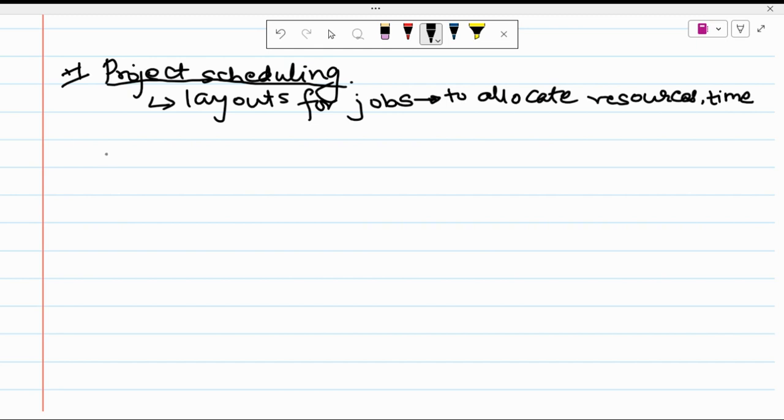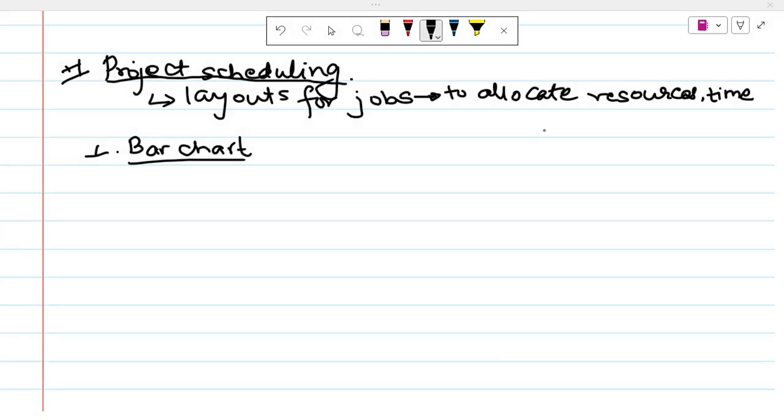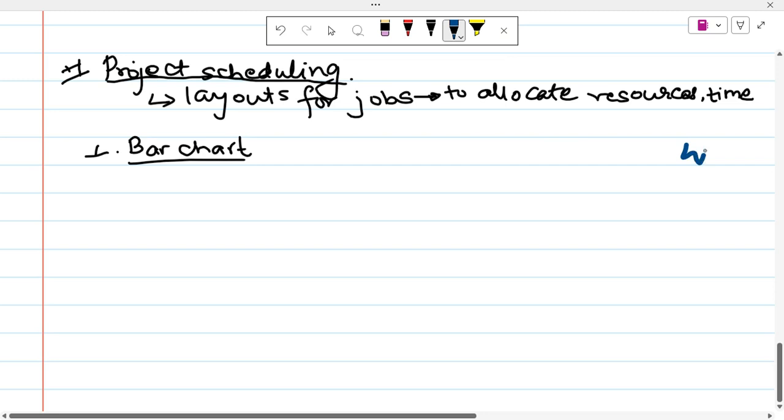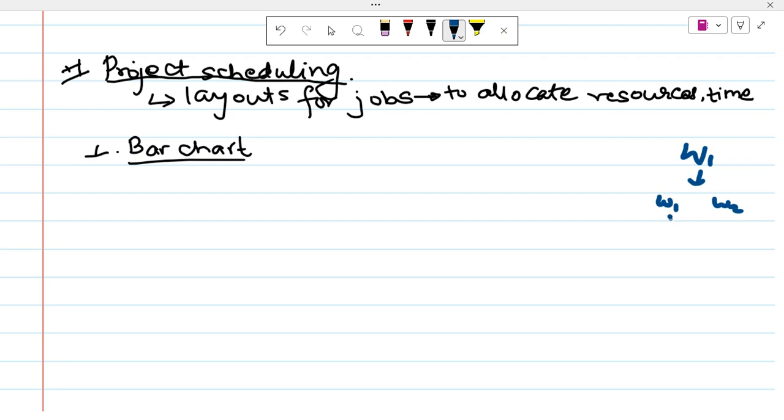There are different methods of project scheduling. The very first method is the bar chart. We already know from the WBS, work breakdown structure, where major work is divided into smaller work, which is further divided into activities or tasks or jobs.